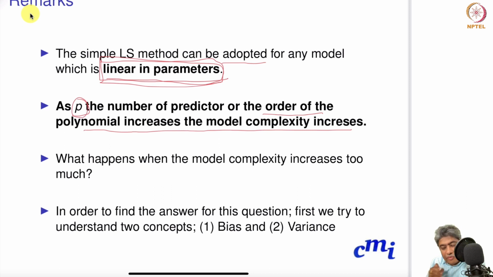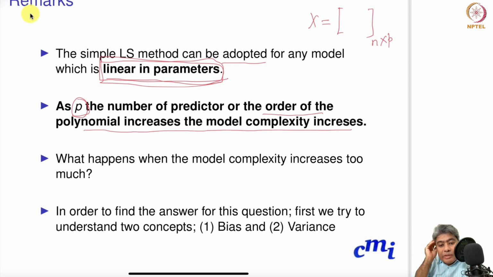P is the number of features, or the number of columns in your design matrix. So typically it is n cross P. As it increases, your model complexity increases.